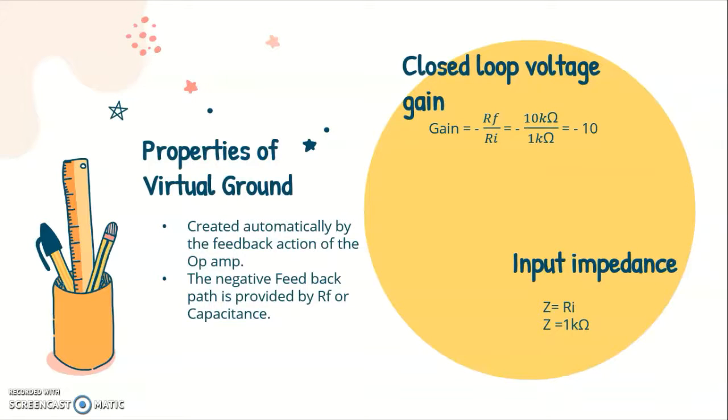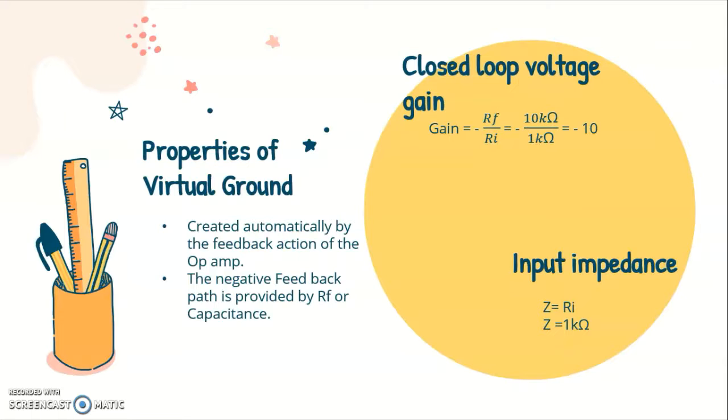Properties of virtual ground: it is created automatically by the feedback action of the operational amplifier, and the negative feedback path is provided by R feedback. Closed-loop voltage gain: this is the formula for gain, negative R feedback over R in, so we get negative 10 kilo ohm over 1 kilo ohm, and we get negative 10.